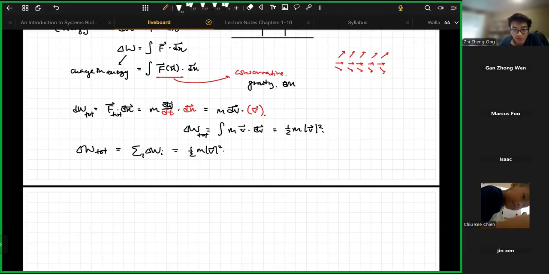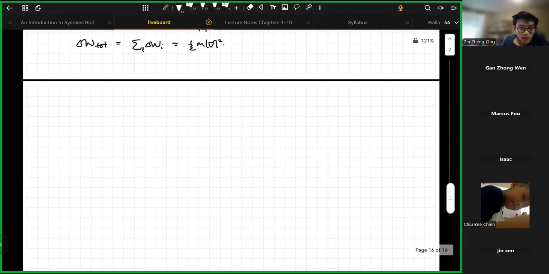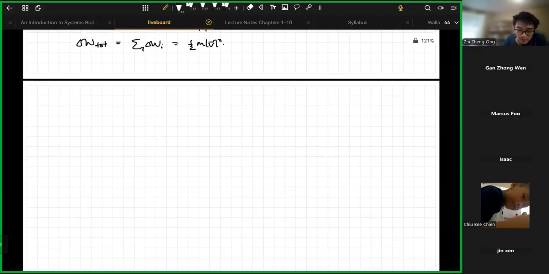Let's derive a few common energies. So, spring energy. Spring forces are denoted by F equals negative kx.